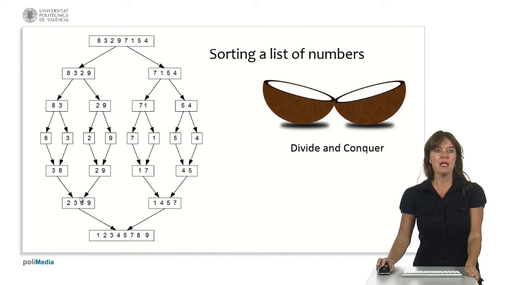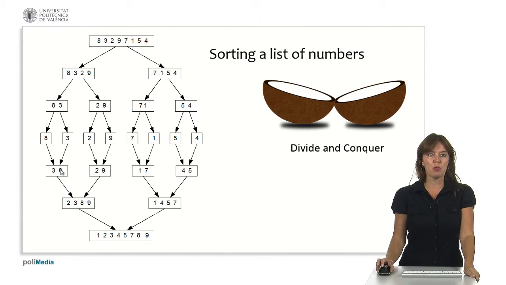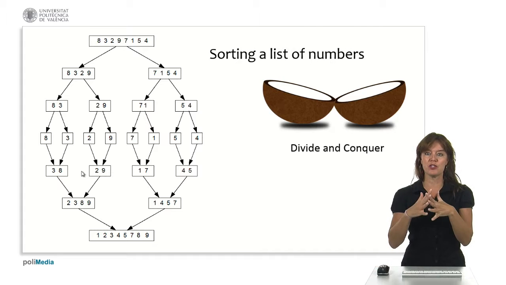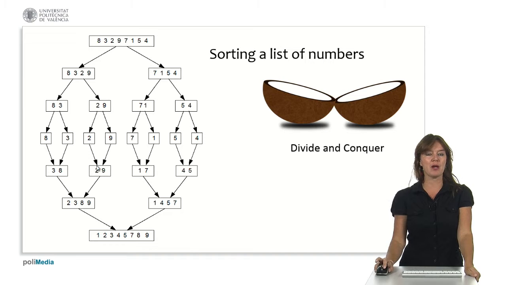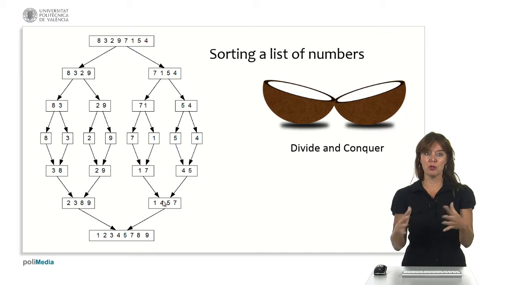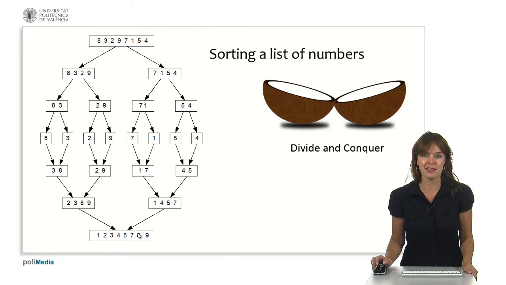So we go on. Now we want to put this one and this one together. So we merge them in a way that they are sorted. So we start, we say, okay, 2 is the smallest here, then comes 3, then comes 8, and then comes 9. So we have this one sorted and that one sorted, and in the last step we have to merge again, and finally, as you see, we've got a sorted list of arrays. So this is how you divide and conquer.